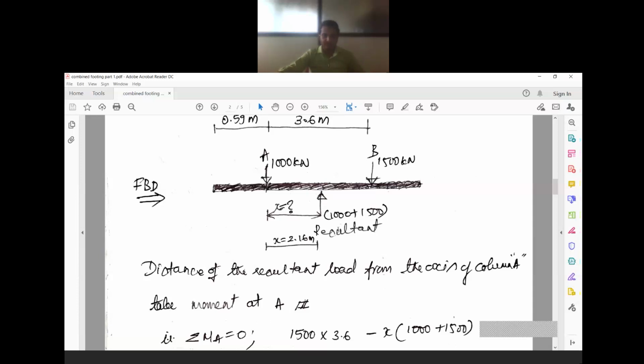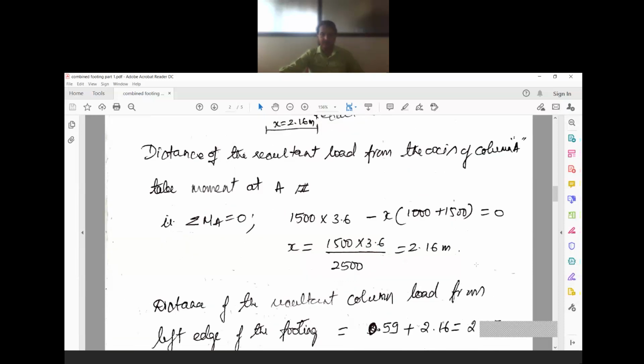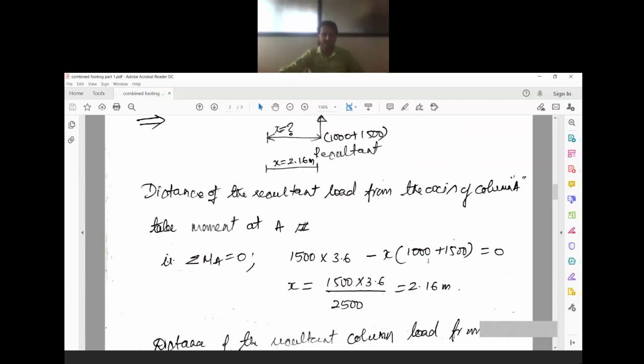The magnitude of resultant is 2500, acting at a distance of x. 2500 into x is acting in anti-clockwise direction, so it is minus. That is what I have written here: 1500 into 3.6 minus x into 2500 is equal to 0.